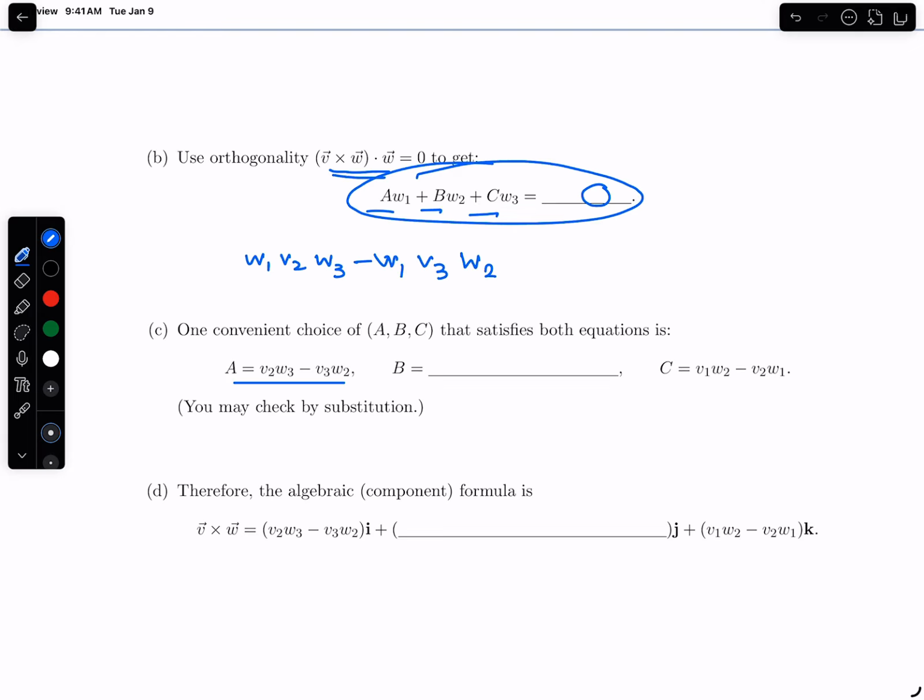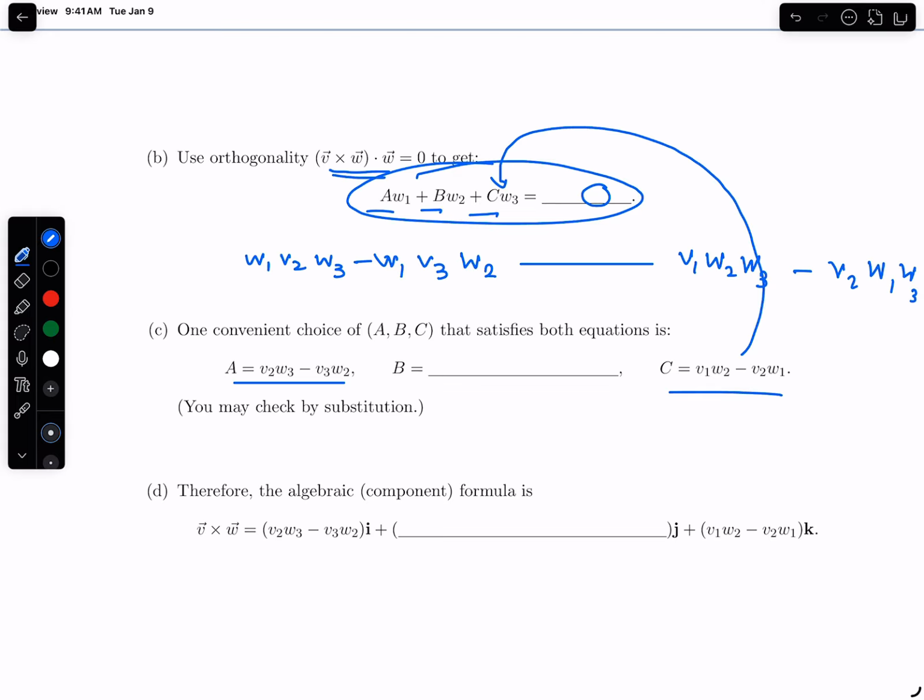This is the first term, and then C should be this one whose dot product is W3. So this is like V1 W2 W3 minus V2 W1 W3.